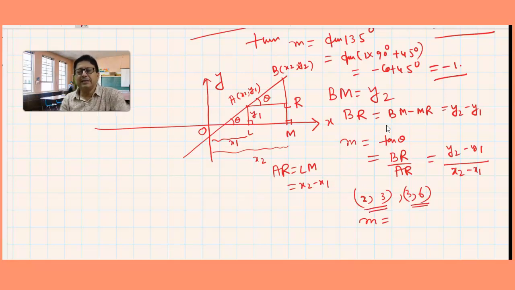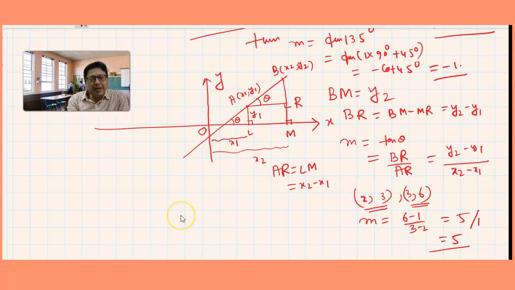Taking say this one as x1, y1, and this as x2, y2, then also it will work. So y2 minus y1, I am taking this part as x2, y2 and this as x1, y1. So this is 6 minus 3 by 3 minus 2, that is equal to 5 by 1. So slope is equal to 5.